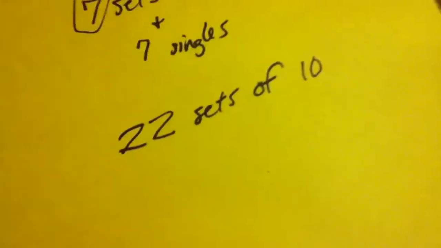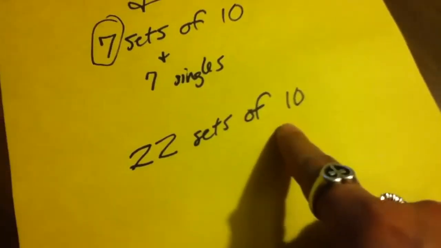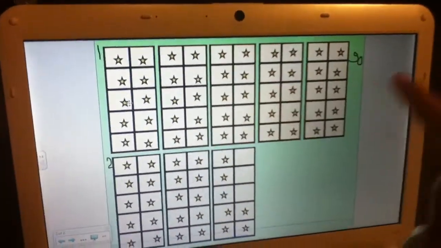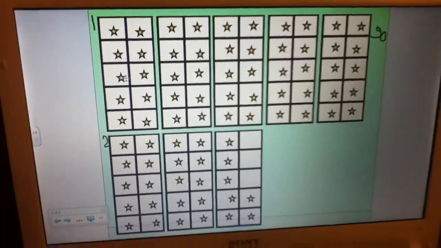And so if we counted out 22 sets of 10 tens frames, then we would find that we would get 220 paper clips. So we know that we already have 220 paper clips from counting 22 sets of 10 frames that were full already from this problem.